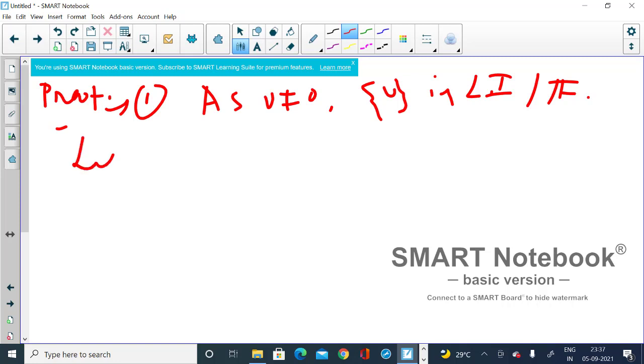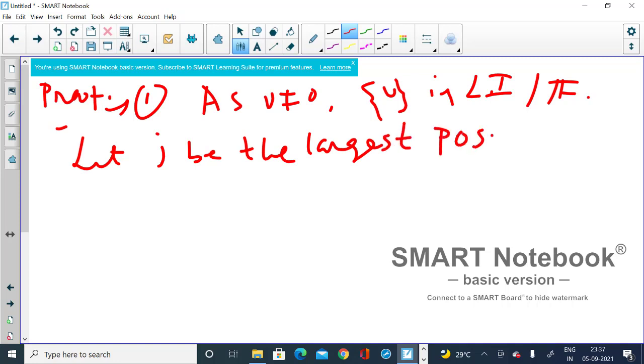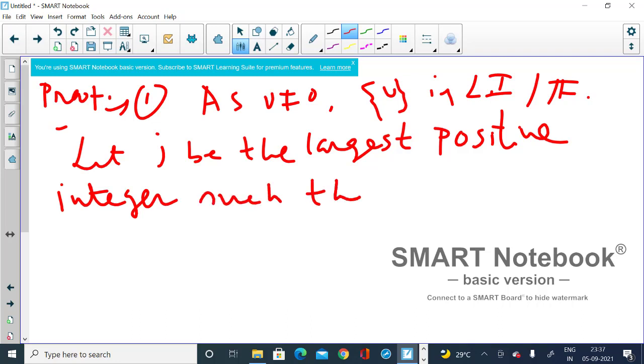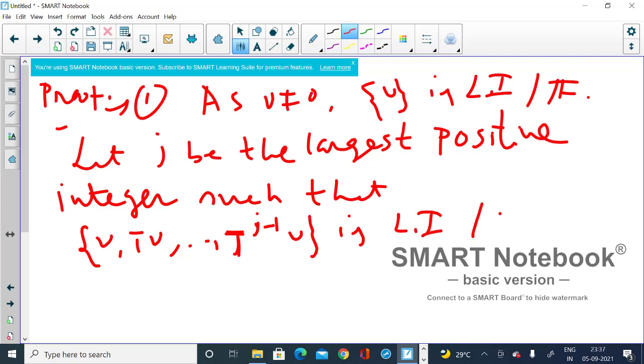So let j be the largest positive integer such that the set v, Tv, up to T^(j-1) v is linearly independent over F. That is always possible because j is at least 1, since the singleton v is linearly independent.